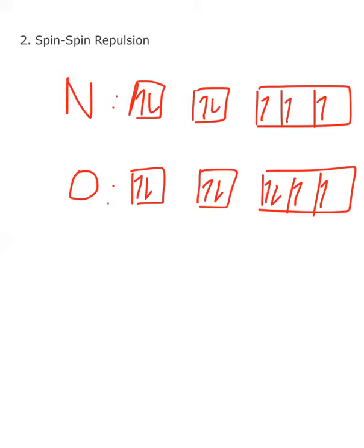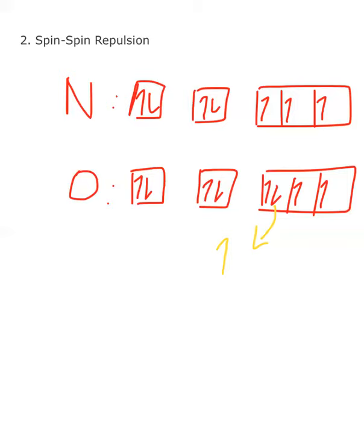Now, in oxygen, in the 2p orbital, there is a paired electron. So when energy is provided to these atoms, what happens is that this downward spin absorbs that energy and is transformed to an upward spin because of that gain in energy.